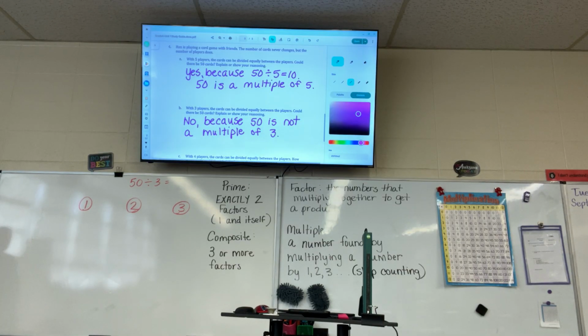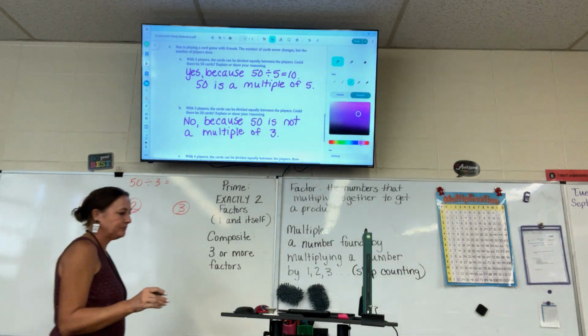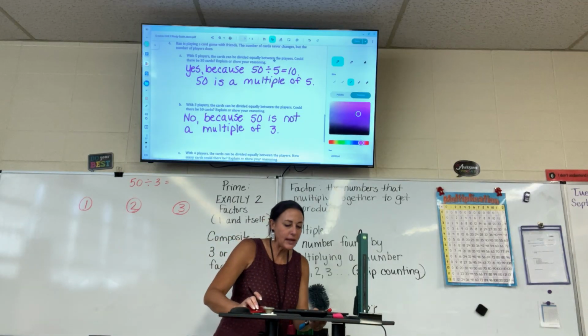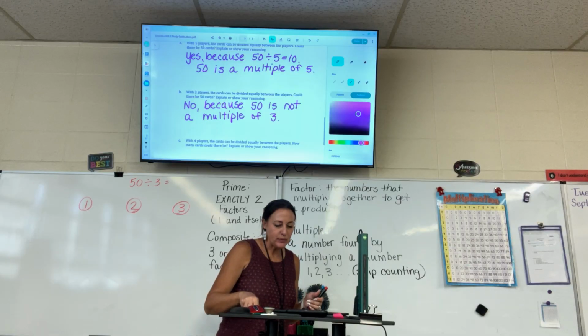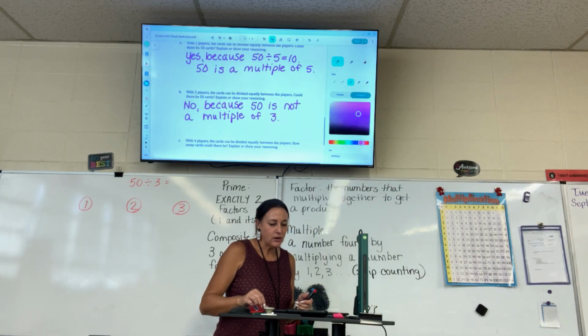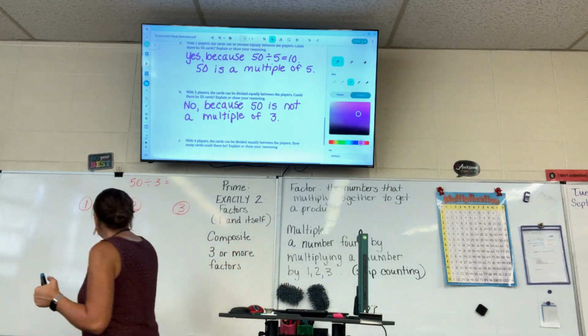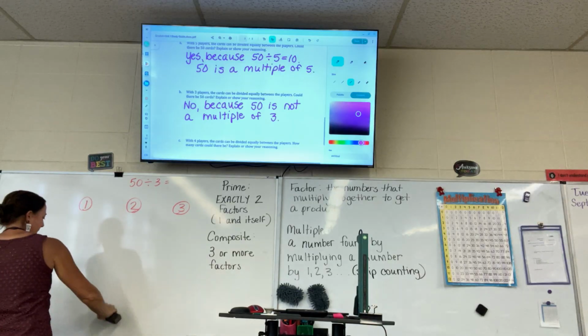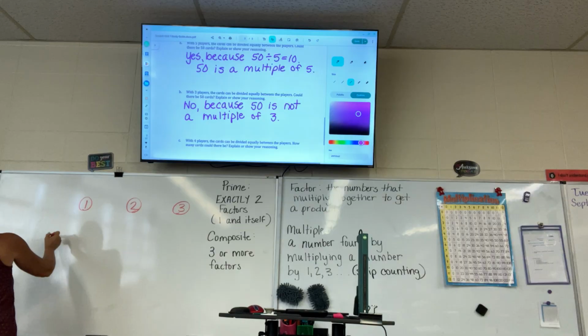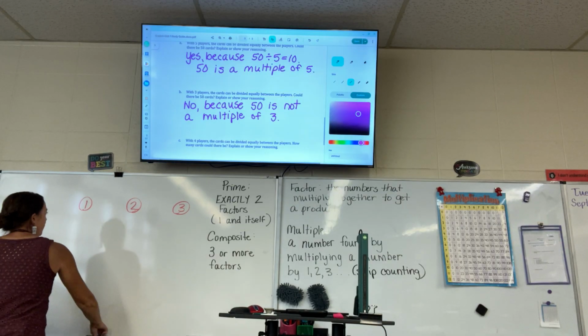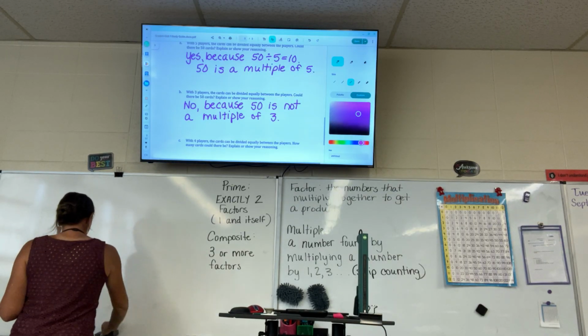All right, the last question says, with 4 players, the cards can be divided equally between the players. How many cards could there be? All right, so now we know that 3 cards, they could divide evenly. 4 cards, they could divide evenly.